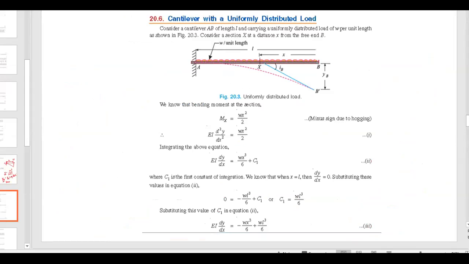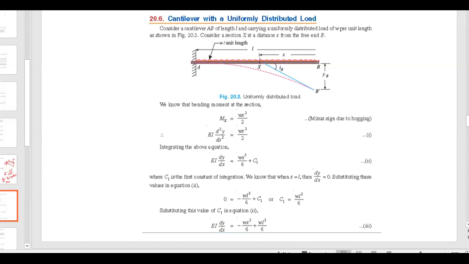A cantilever beam with a UDL entire length. సో ఇక్కడ UDL అనేది ఎంటైర్ లెంత్ ఆఫ్ ది బీమ్ యాక్ట్ అవుతుంది.